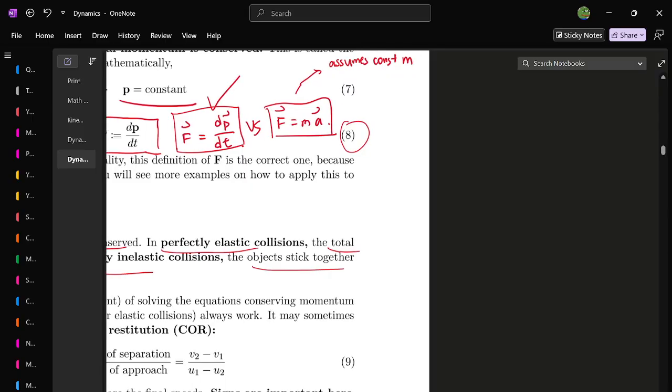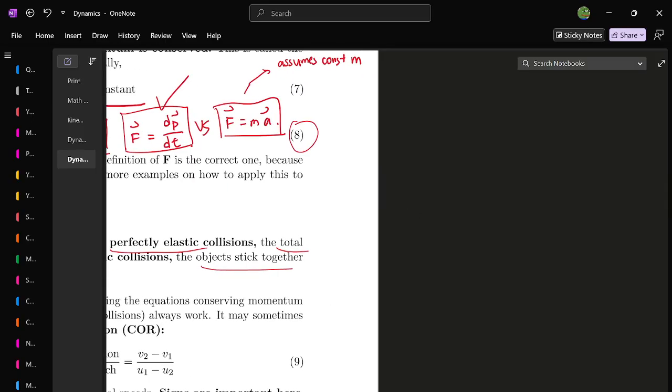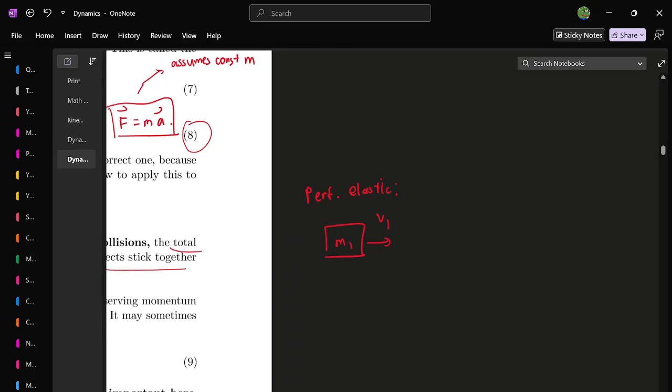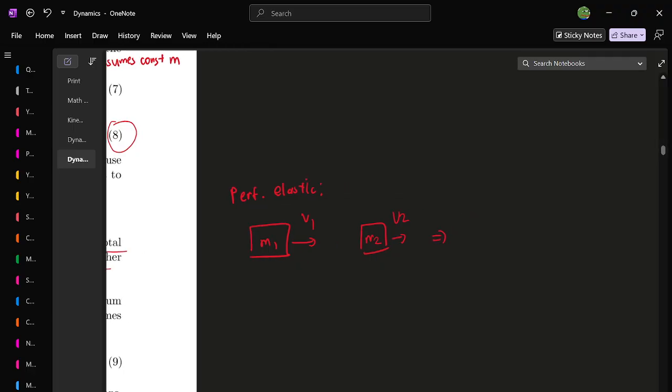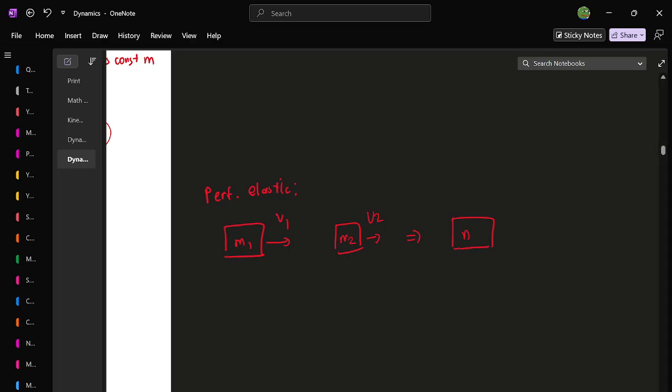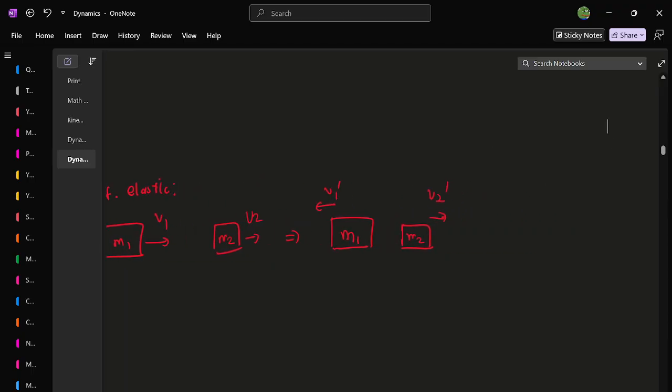So I can just draw a few diagrams here. Perfectly elastic, you have a case like that. Here what is conserved is momentum and kinetic energy.